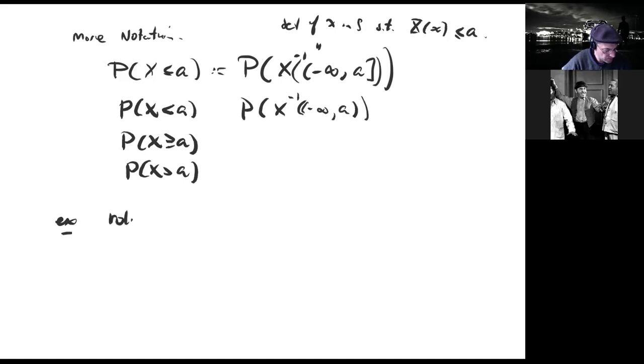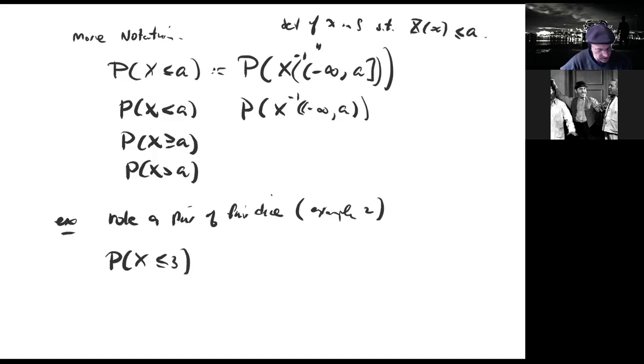Roll a pair of fair dice. That was example 2 above. Now what is the probability that X is at most 3? Well, how can you get a number that's less than or equal to 3 when you roll a pair of dice?